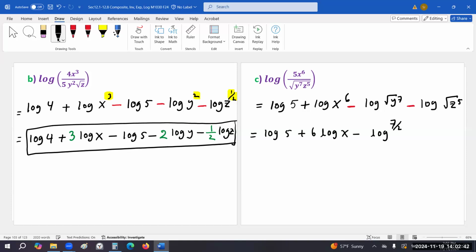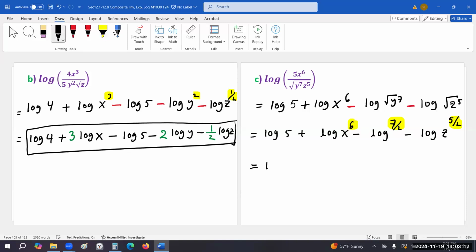So let me rewrite this for others. So the square root becomes 1/2 on the bottom and the whole number goes on the top as a power. All of these are powers.